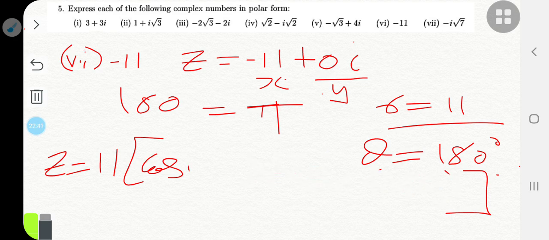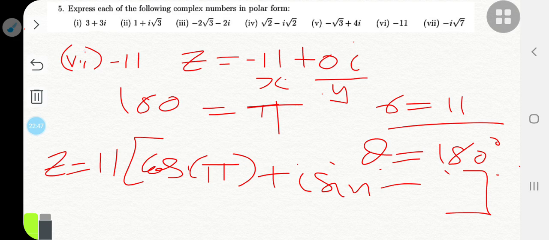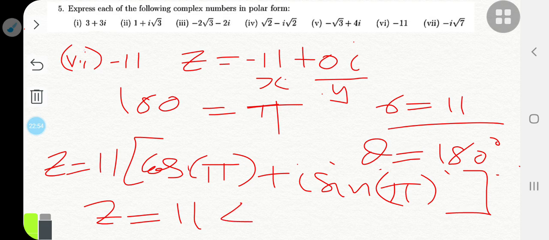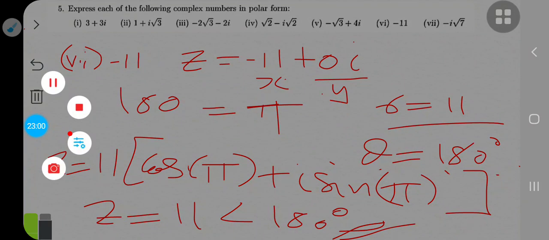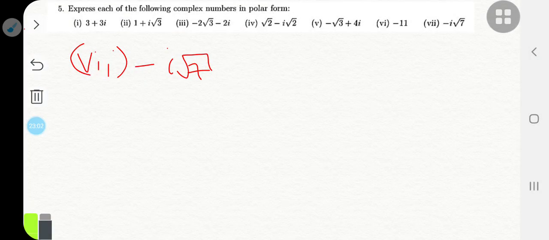So you can put pi here if you want, and say cos pi plus i sine pi. Or you can say my z is just equal to 11 with the argument 180 degrees. It's also correct. We move on to part 7.